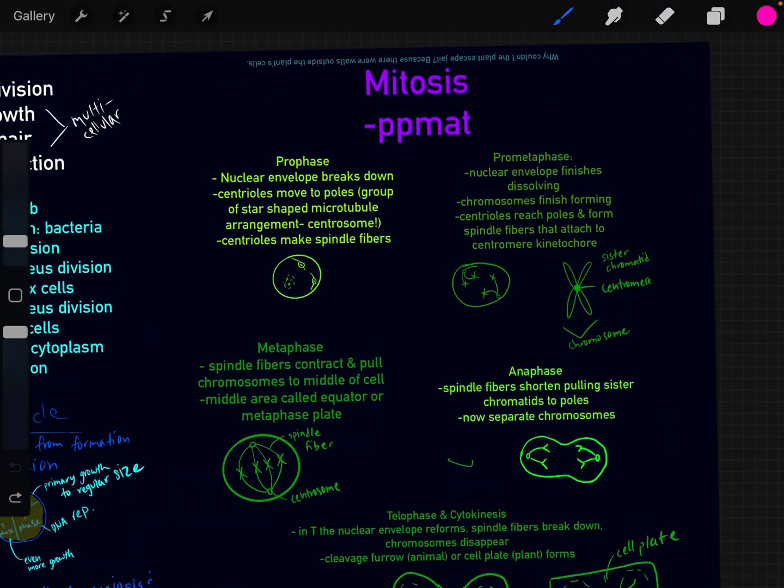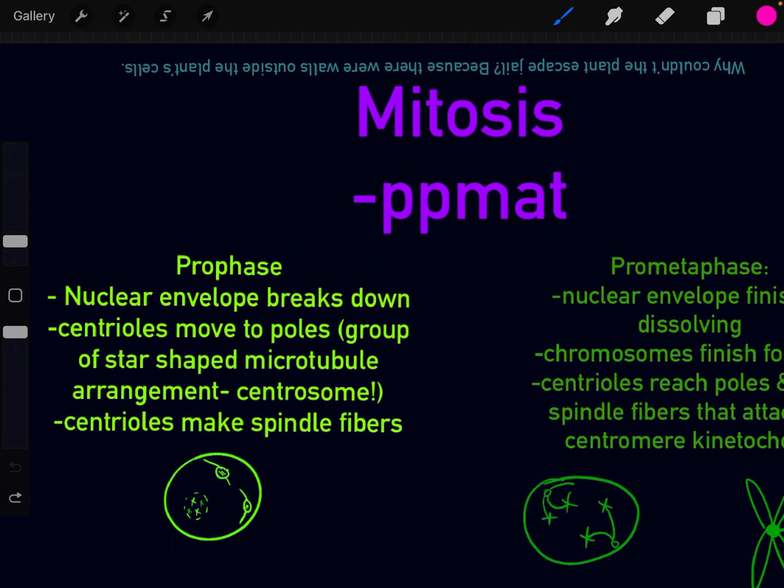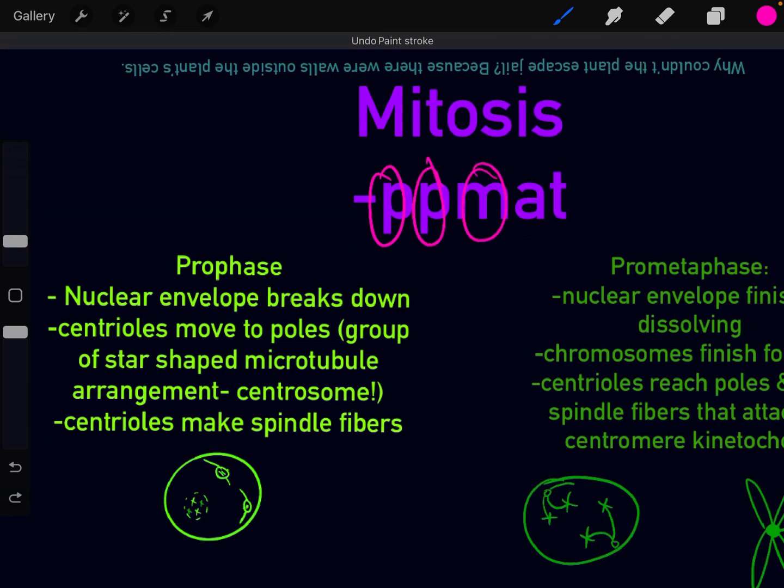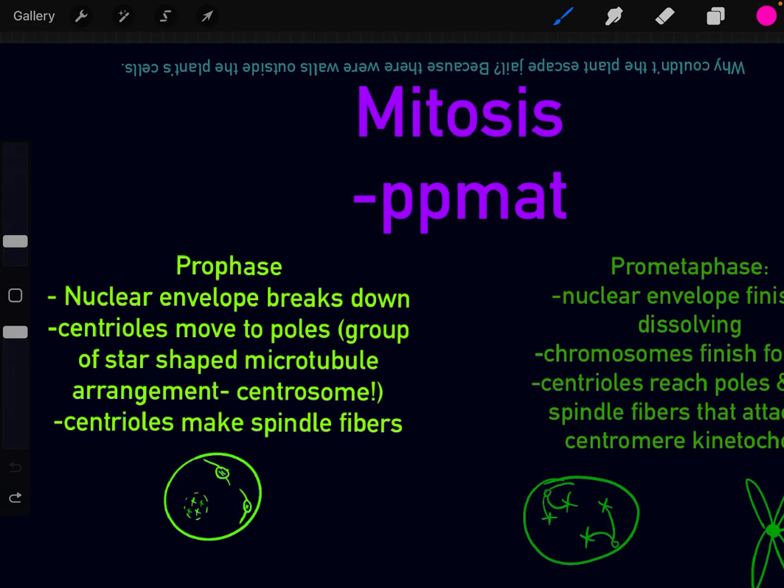So now I'm going to talk about mitosis. So first we have prophase. And in mitosis, there are 5 main phases: prophase, prometaphase, metaphase, anaphase, and telophase, however you want to say it. So prophase is when the nuclear envelope breaks down. We have something called centrioles, which move to the poles of the cell, so the opposite ends of the cell.